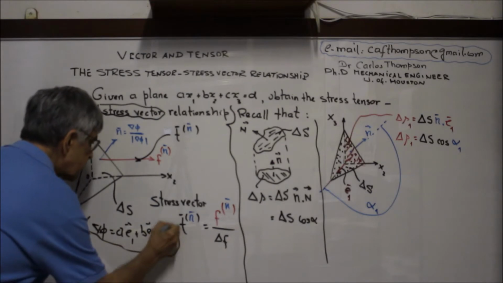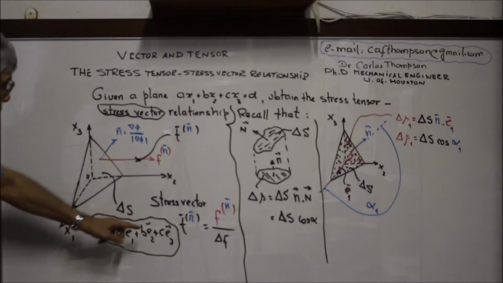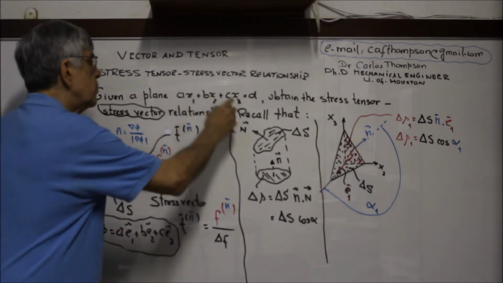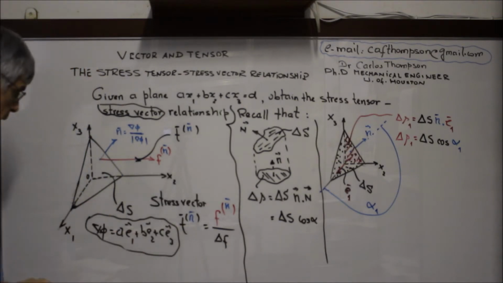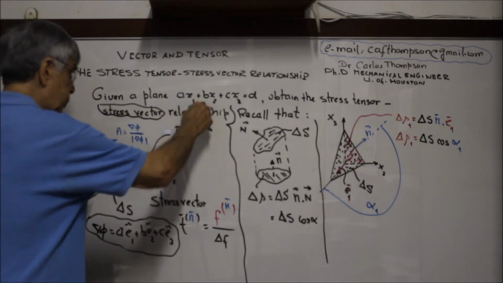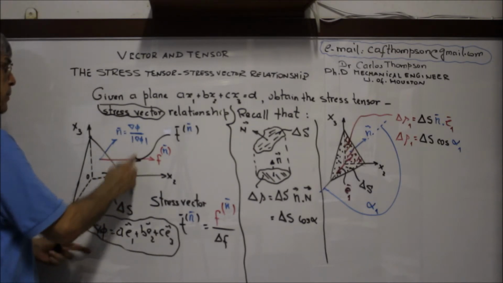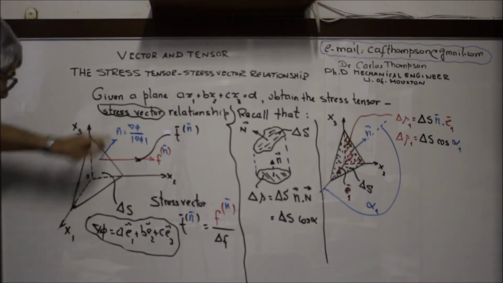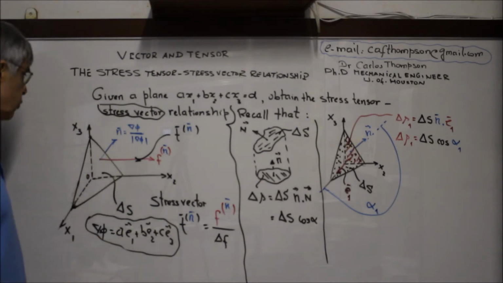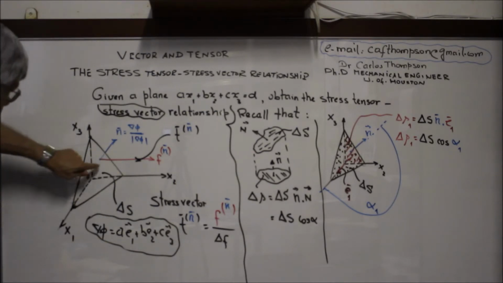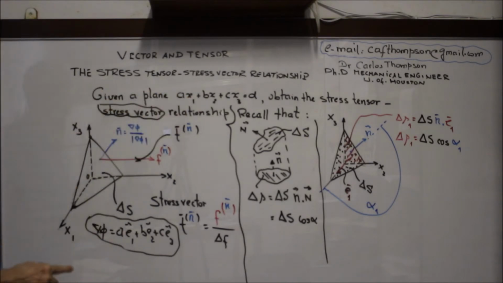This is from the last lecture. a, b, and c are real numbers, and d also. So given a plane, I calculate the gradient, which is the vector, and I divide by its magnitude. So n is a unit normal vector to this plane surface.